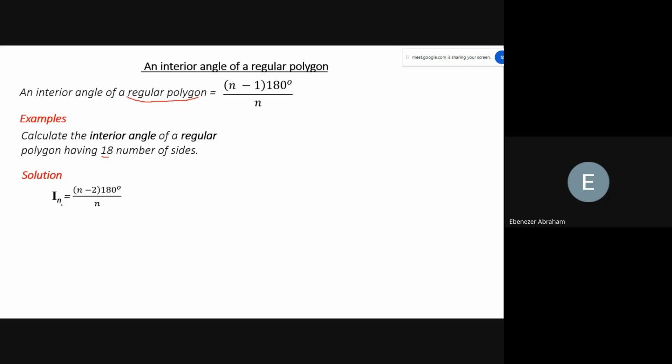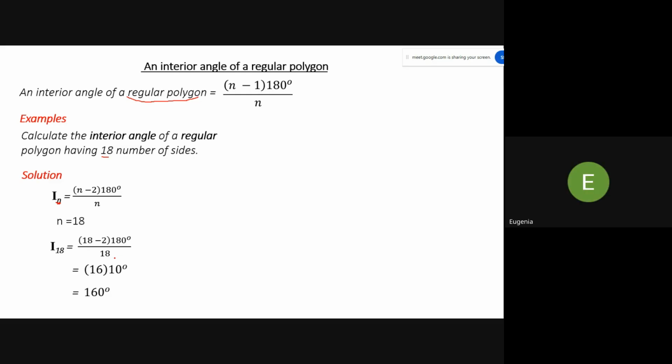Interior angle of given n sides, so my I will be I subscript 18. n is 18, and that will be 18 minus 2, all multiplying 180 degrees divided by n, which is 18. And you simplify it to get 16 times 10 degrees. So you get it to be 160 degrees.